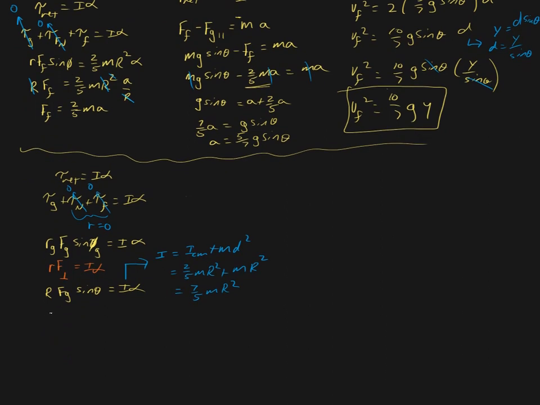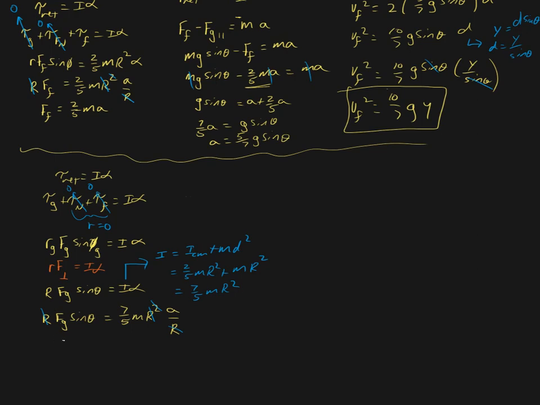Now we can make that substitution. R times F_G sine of theta is equal to 7/5 mr squared, and then alpha is going to become a over R, and we get to cancel this R with that R, this r with that r.